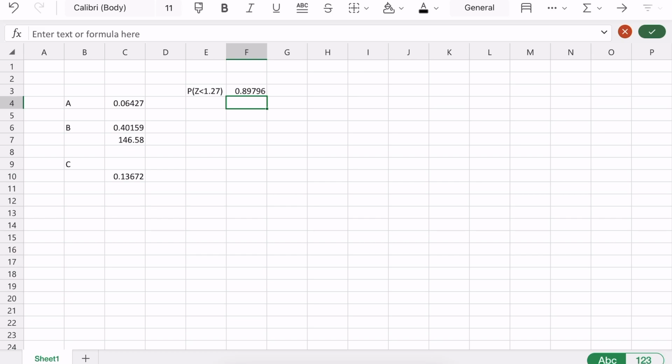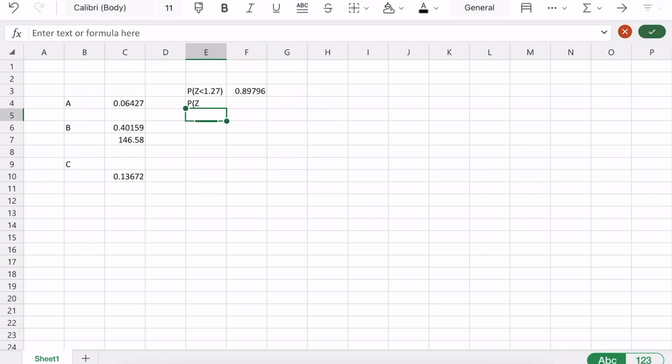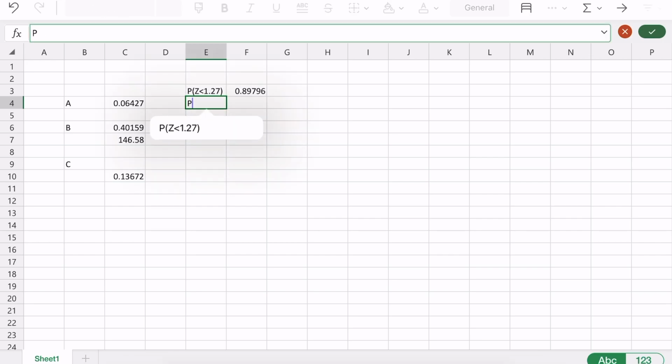Okay, now if I were to do that in Excel, does Excel make it easy for me? Well, let's just check. So if I wanted the probability of Z, my score, greater than -1, let's see what we get.